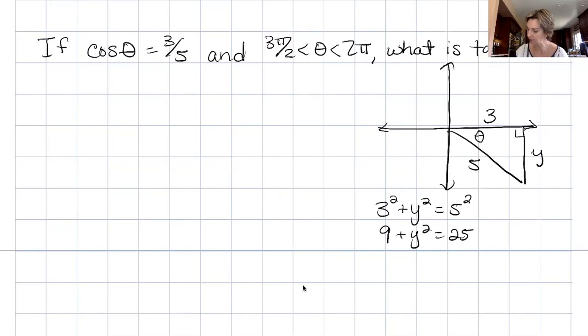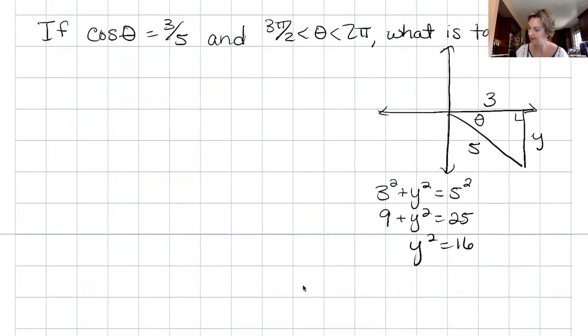Move your 9 to the other side, and y squared equals 16. Or y equals plus or minus 4. So which is it? Well, we're in quadrant 4, and in quadrant 4, is your y positive or negative? Right, in quadrant 4, your y is negative. So this is going to be a negative 4.